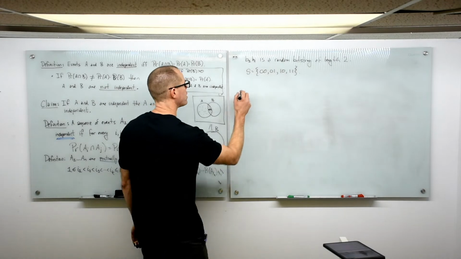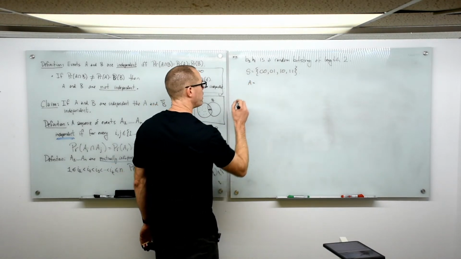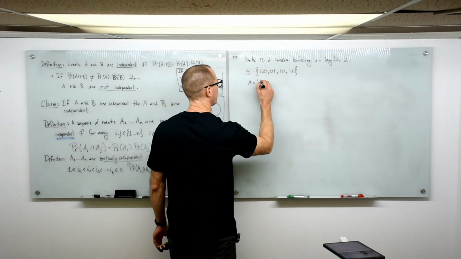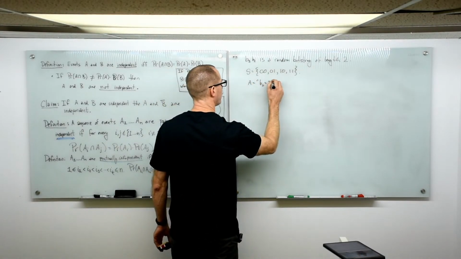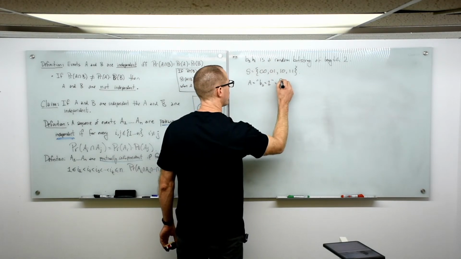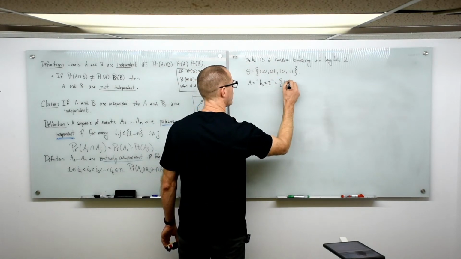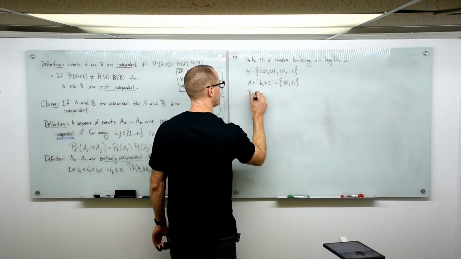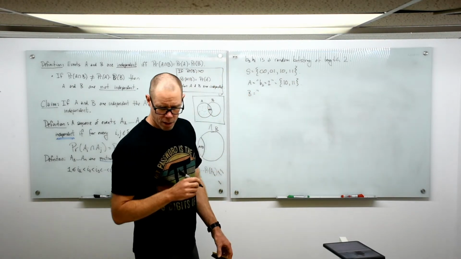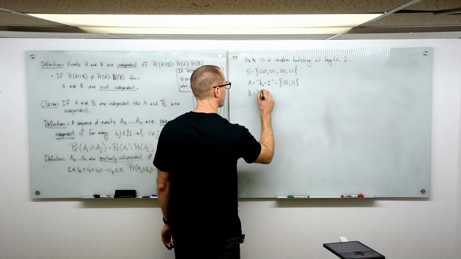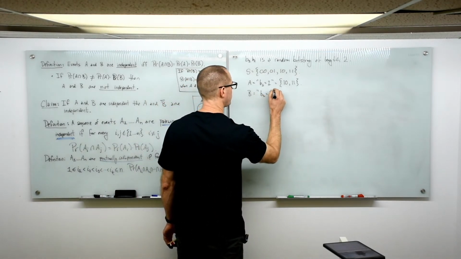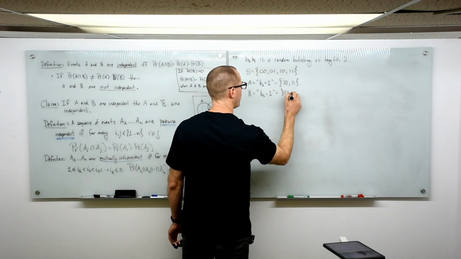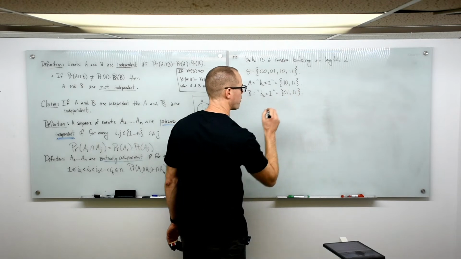Let's look at a few events. A is equal to the event B1 equals 1, which is just 1, 0, and 1, 1. B is equal to the event B2 equals 1, which is 0, 1, and 1, 1.